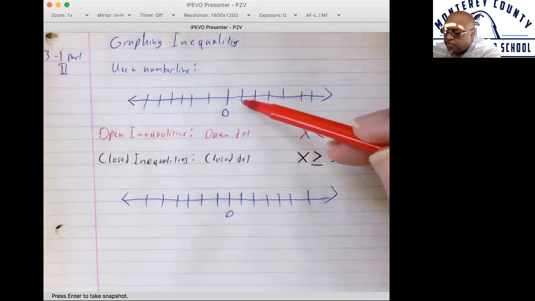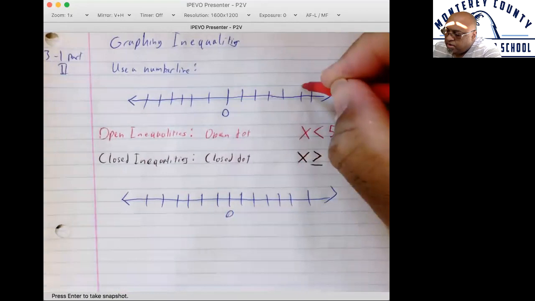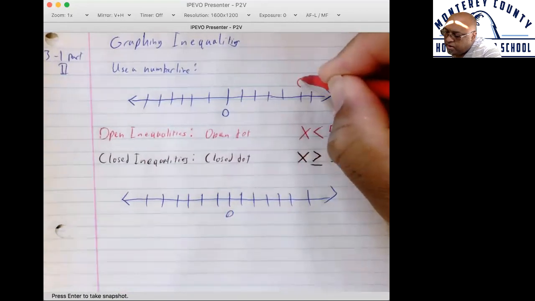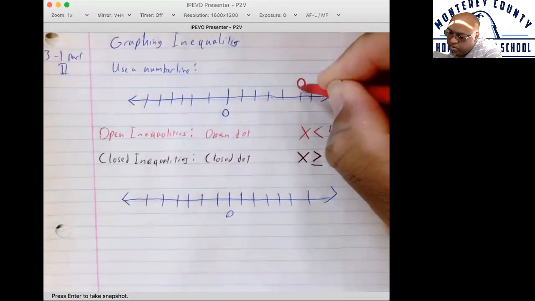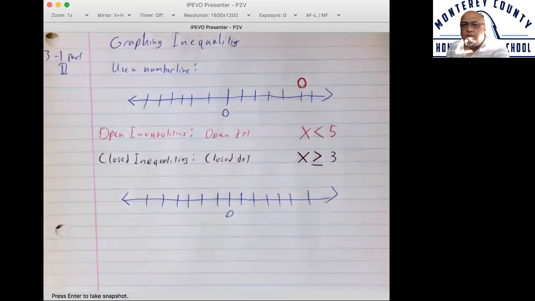Start at 0 and go 1, 2, 3, 4, 5. Either on or over the number line. I prefer over just because it's easier to see whether the dot is open or closed. But you can do it on the line, at least that's how it is in the book. But I prefer over, so if you're asking me, I would say do it over the line.